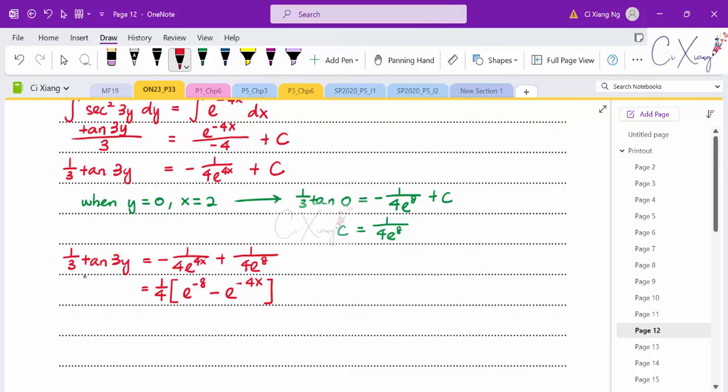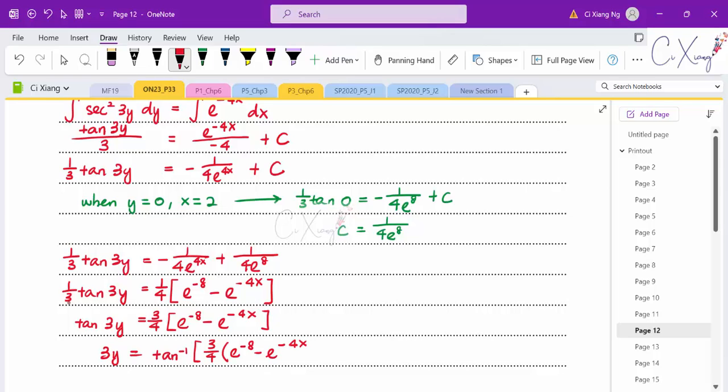Okay, then after that, I want to slowly move all the terms or functions on the left to the right. So first of all, I want to get rid of the 1 over 3. So the 3 as a denominator, you have to multiply the whole equation by 3. So I'm having 3 over 4, and then e power negative 8 minus e power negative 4x. Alright, so next, I want to bring the tangent over. So of course, it will become tangent inverse of 3 over 4 with the bracket of e power negative 8 and e power negative 4x.